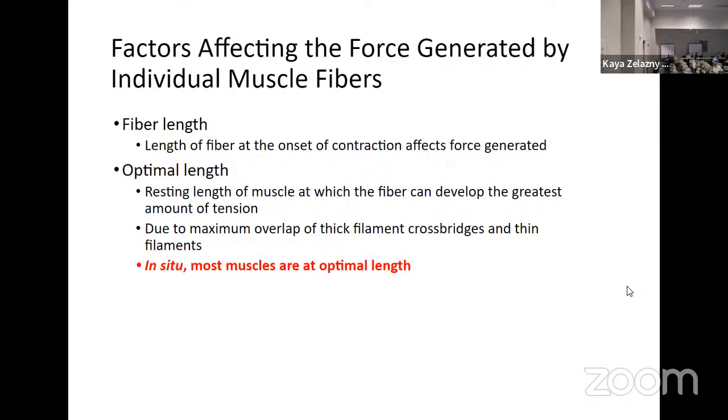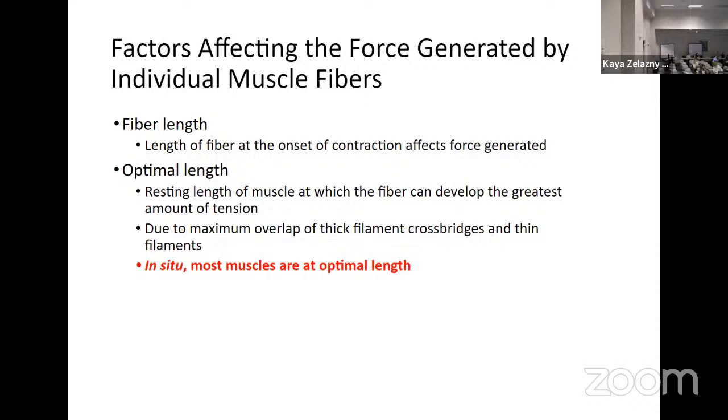The length of the fiber at the onset of contraction also changes the force. And this goes back to the fact that the more cross bridges we generate, the more cross bridge cycling we do, the more force we can make. So muscle fibers and sarcomeres have an optimal length, and that optimal length is when you can develop the most tension, so form the most cross bridges and make the strongest contraction.